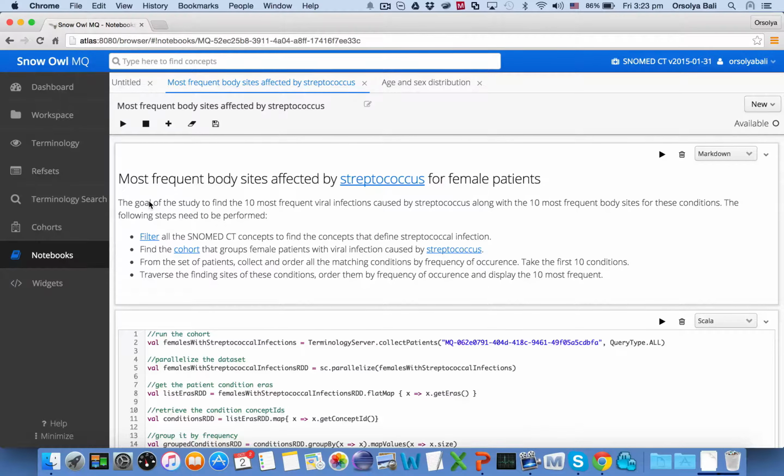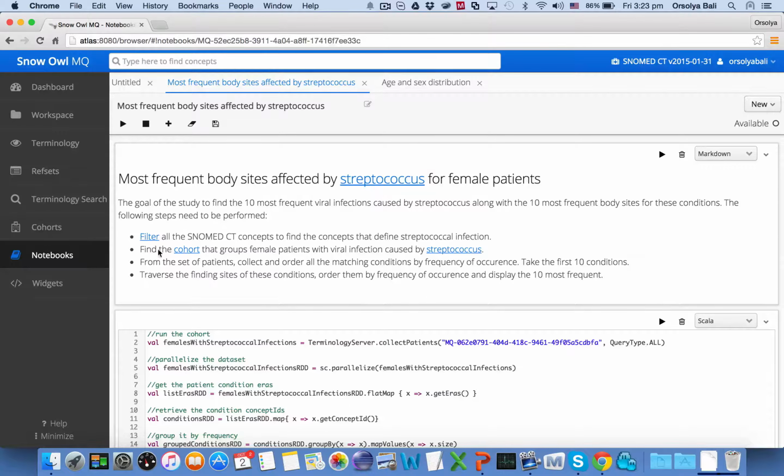So this is the semantic notebook where we have cells with different language support. And I'm going to skip the technical parts that you can see at the bottom, and we will just focus on the results of the report. So you can see we had 4 steps to identify which body sites are most at risk to get streptococcal infection.